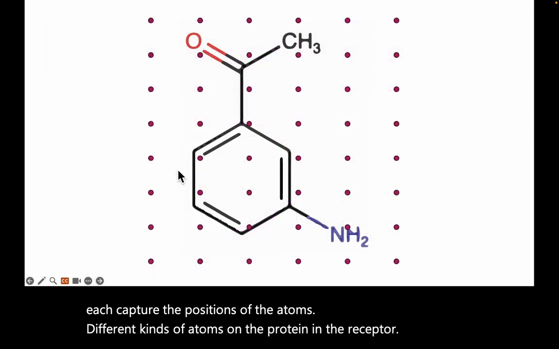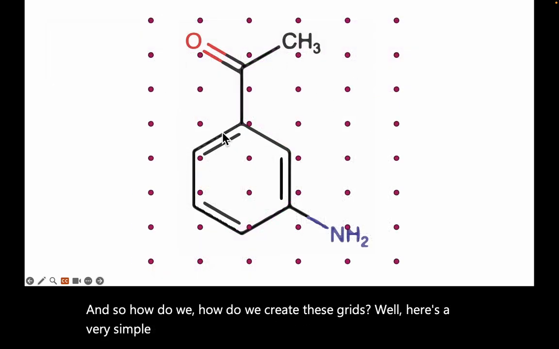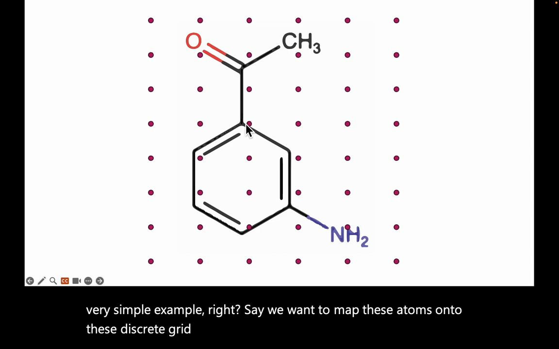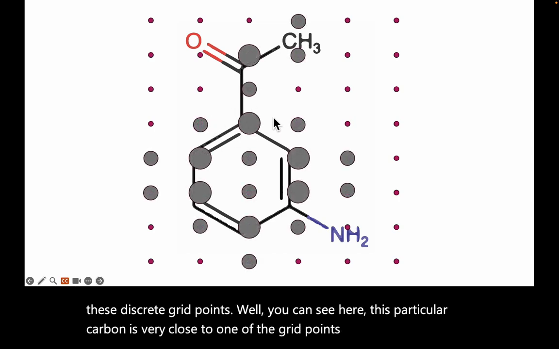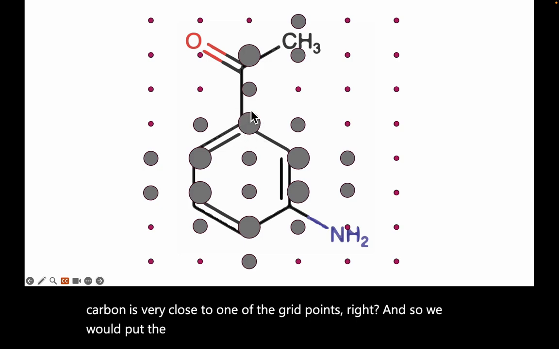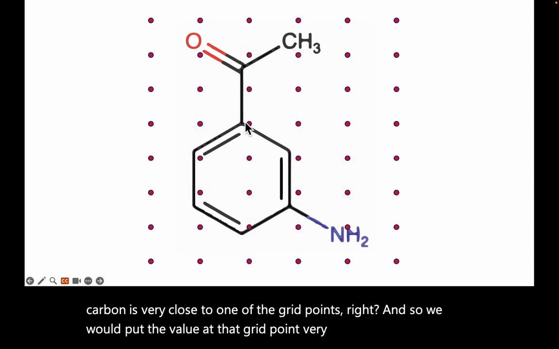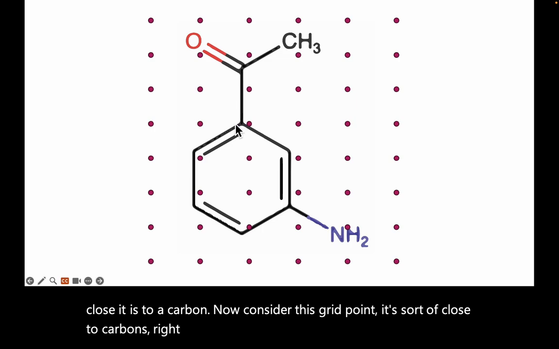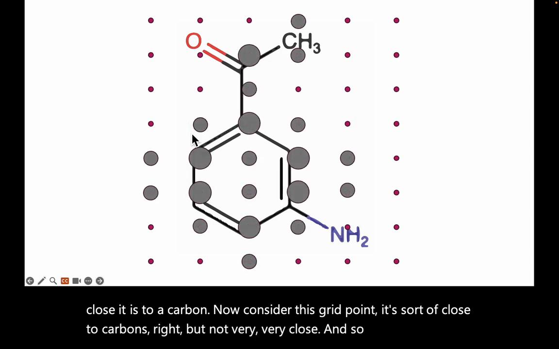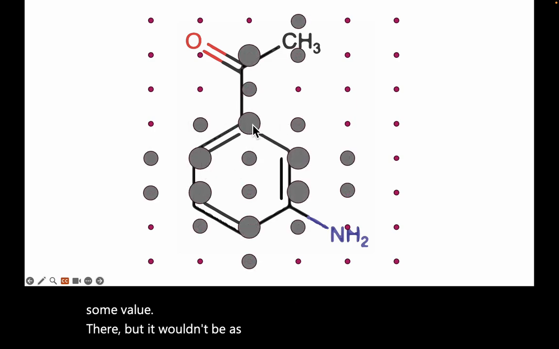And so how do we create these grids? Well, here's a very simple example, right? Say we want to map these atoms onto these discrete grid points. Well, you can see here, this particular carbon is very close to one of the grid points, right? And so we would put the value at that grid point very high because of how close it is to a carbon. Now consider this grid point. It's sort of close to carbons, right? But not very, very close. And so we would assign some value there, but it wouldn't be as high as the ones that are close to carbons.